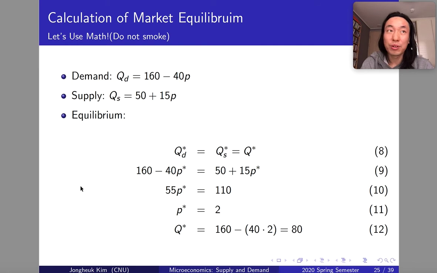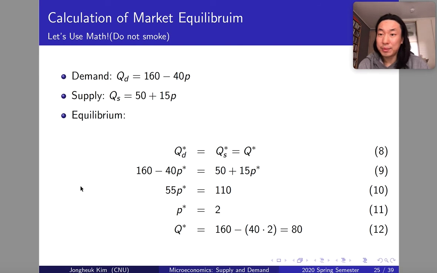You don't have to apply factoring or that kind of thing. You can just use plus, minus, multiplying, or dividing. That's it, right? So you can do that by yourself, equation 10, and finally get the value of the P star.